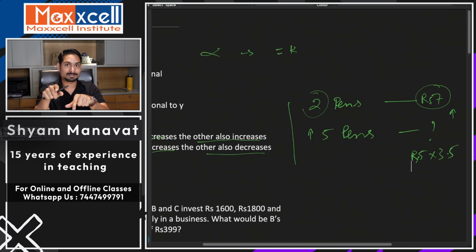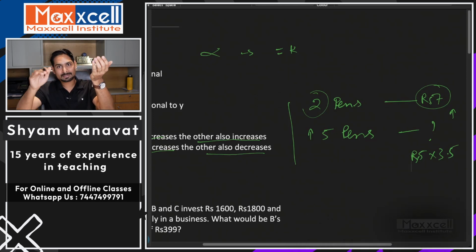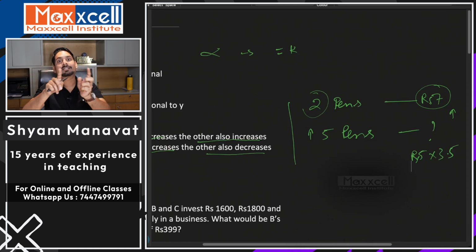If you waste a lot of time, your score in the exam will be less. That is an inverse effect, so that will be inversely proportional.